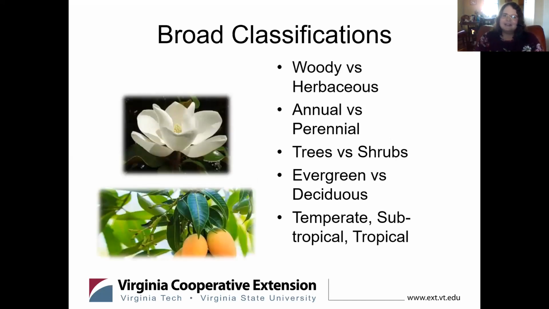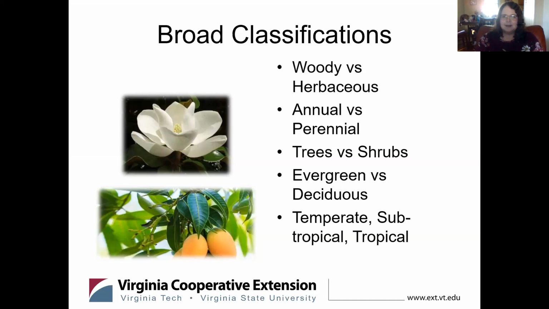Broad classifications would of course include woody plants, which we are going to talk about, or herbaceous plants. Woody plants are generally considered trees or shrubs, or another way of putting that, plants that have a woody stem that stays above ground all year round. So leaves or no leaves, deciduous or evergreen in the wintertime, would all fall under woody plants.